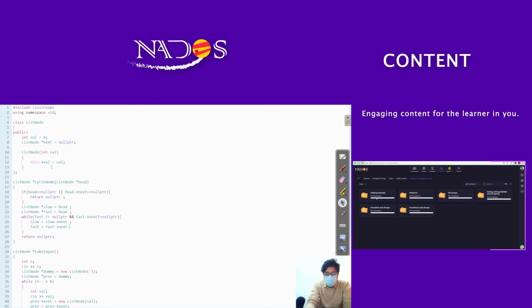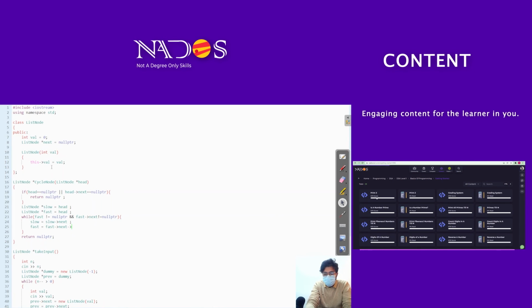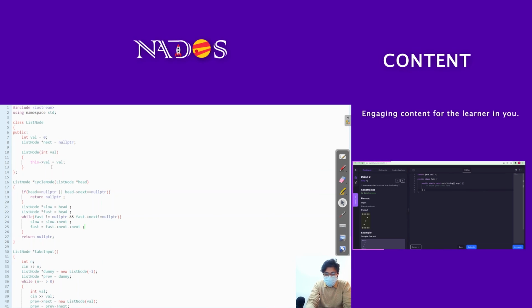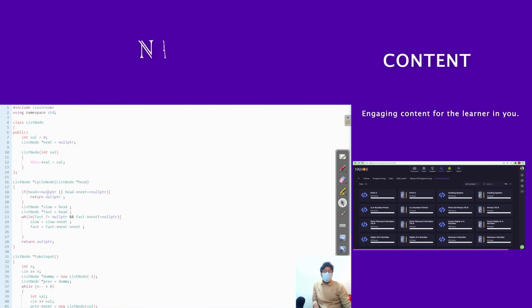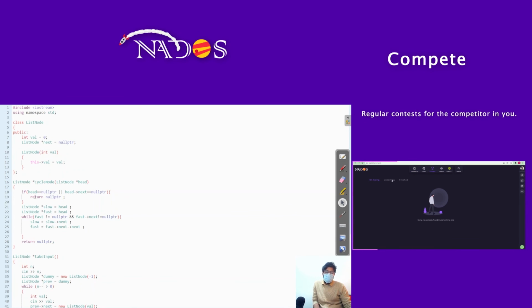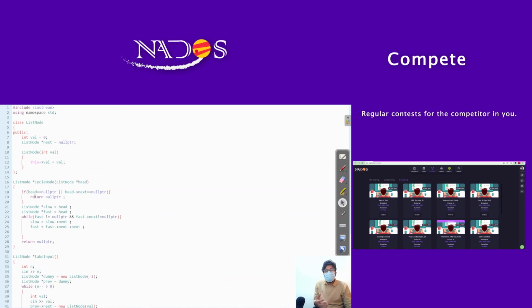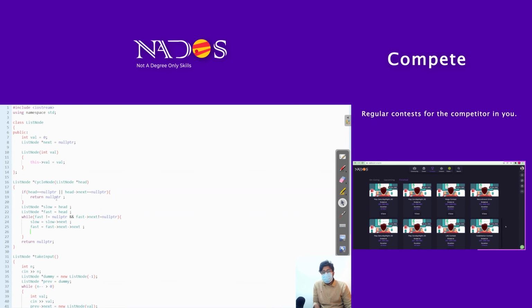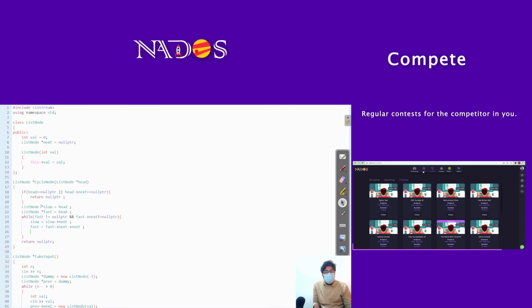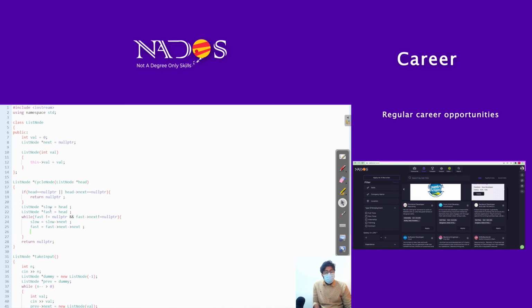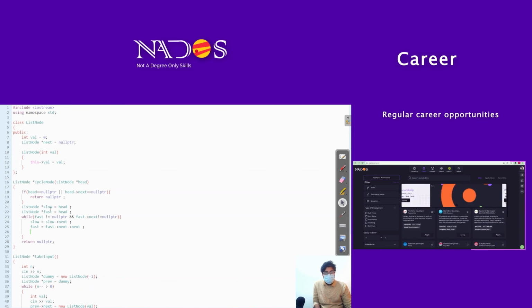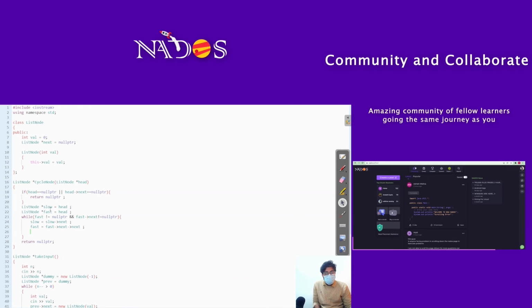Let me explain what we did till now. First of all, we put our base case here. If there is no head, it means there is no possibility that there can be a cycle, so we return null. After that, we initialize our slow pointer and our fast pointer, because now we want to know if B plus C is even there, if there is any cycle.